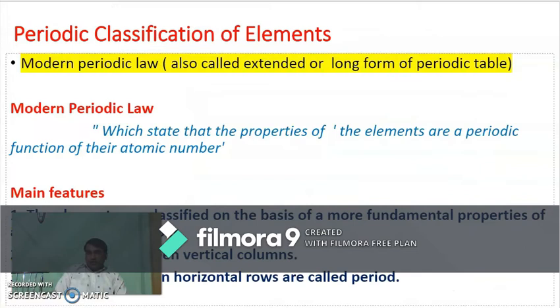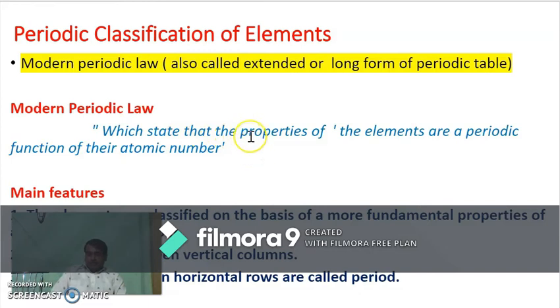So we discuss the periodic classification of elements, or modern periodic law, or modern periodic table, also called the extended or long form of the periodic table. The statement of the modern periodic law states that the properties of the elements are a periodic function of their atomic number.